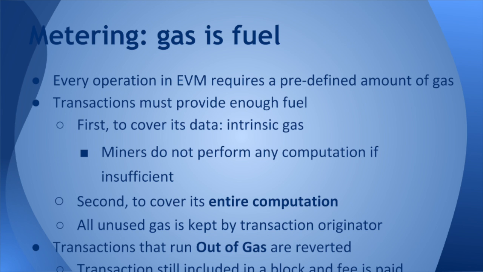It's a little technical, I can mention that more later. If a transaction does not even provide enough intrinsic gas, then a miner will not perform any computation regarding that transaction. Transactions must also provide fuel to cover the entire execution of the transaction, to cover all the computation it requires.